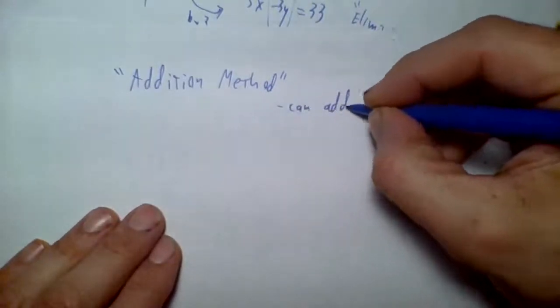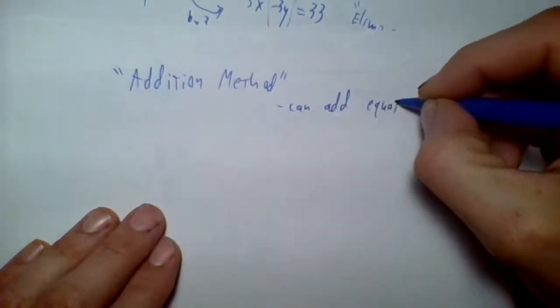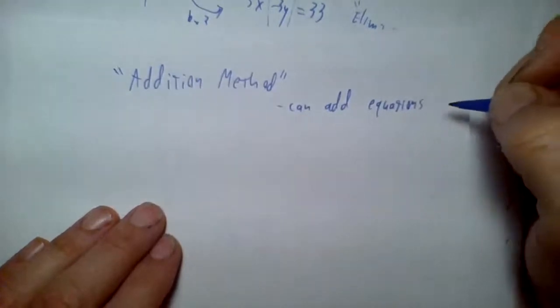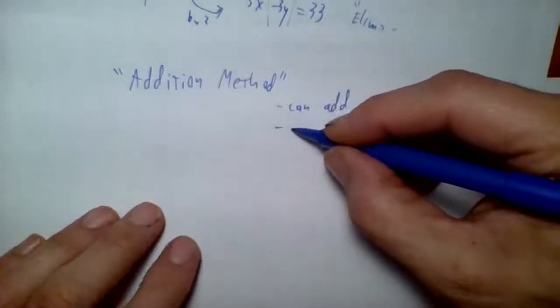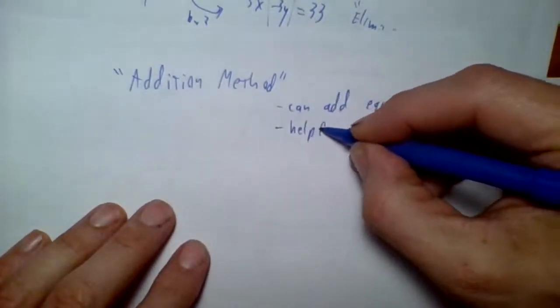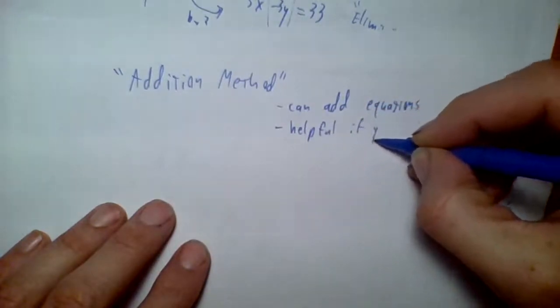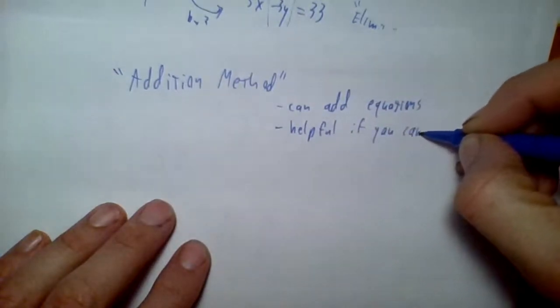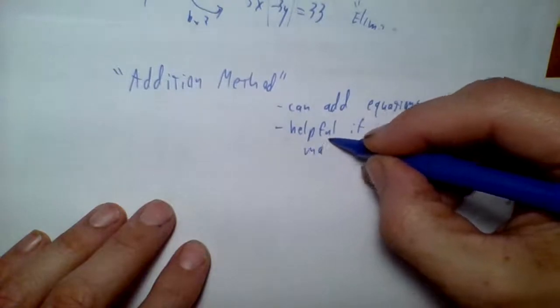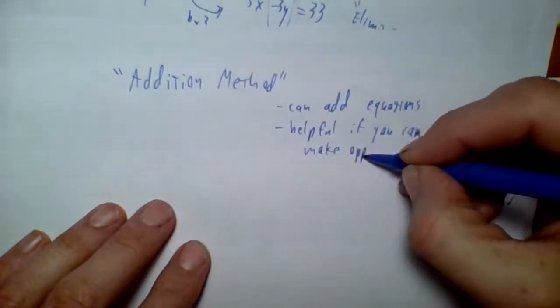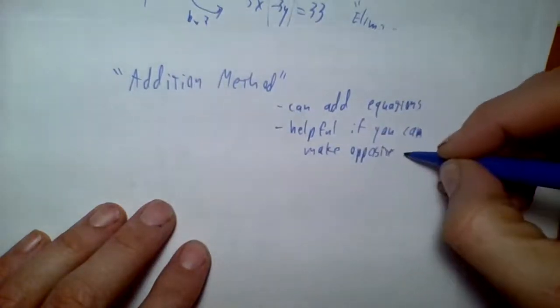And the idea is you can add equations, and it's helpful to add equations if you can make these opposite terms on one of the variables, either one of the variables.